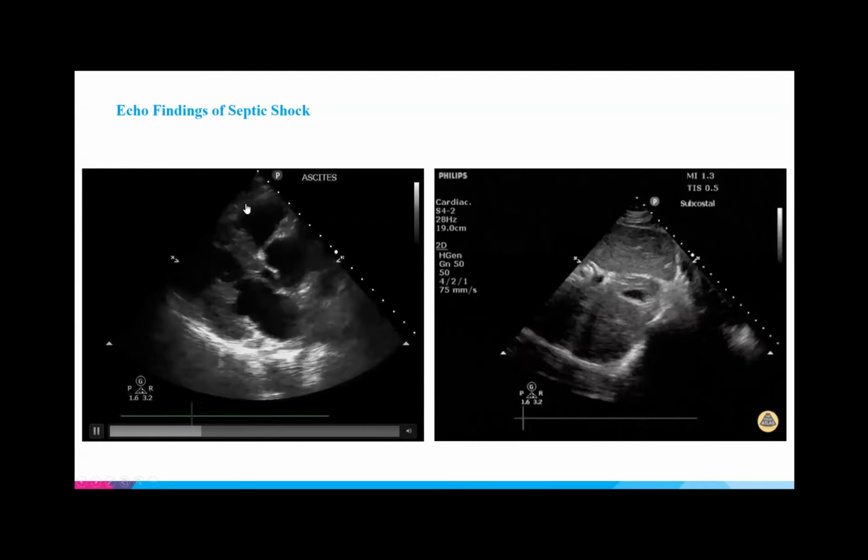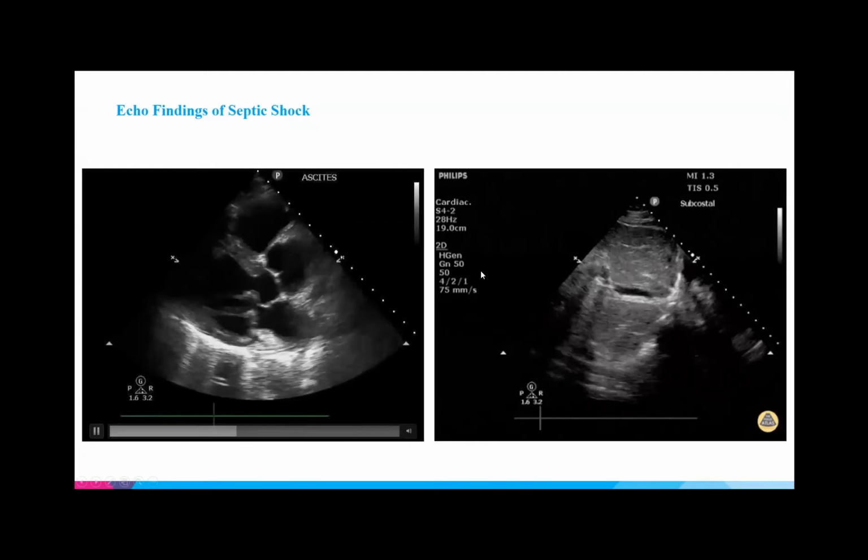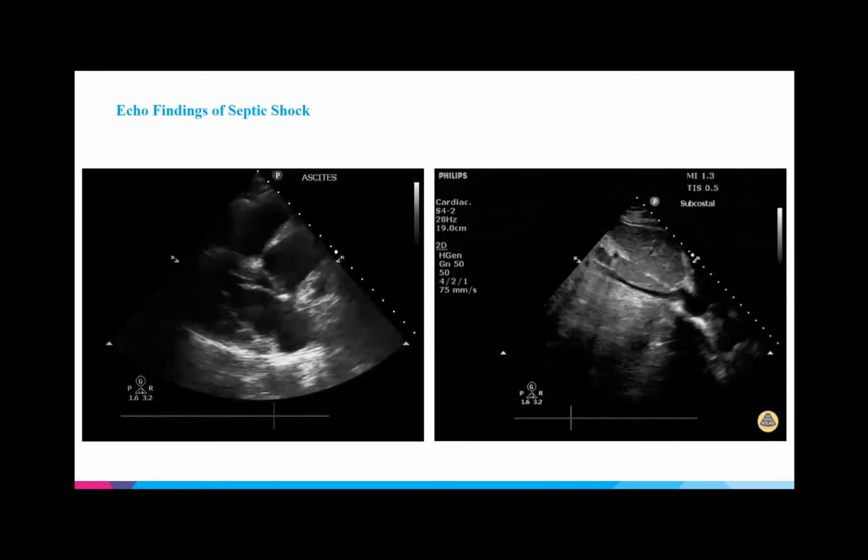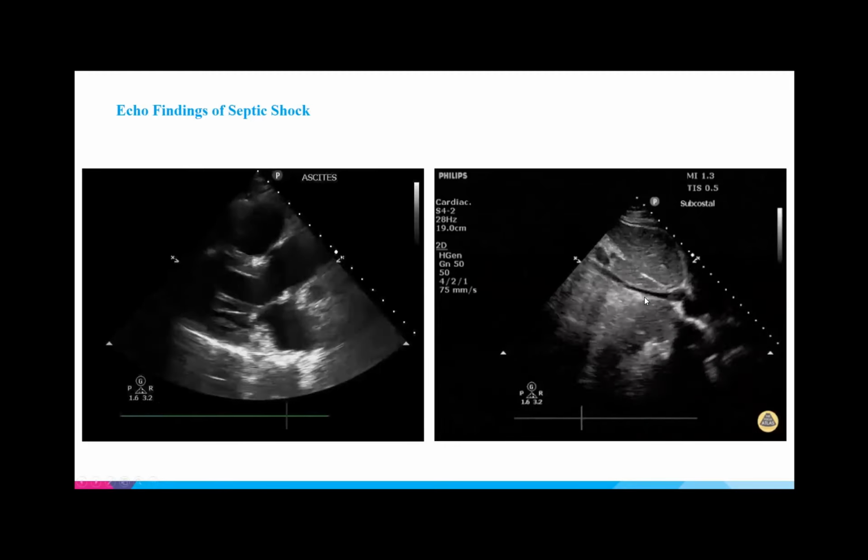And so then once we do our cardiac assessment, then I look at the IVC to check for volume status because the patient is hypotensive after all. And then what do we see here?